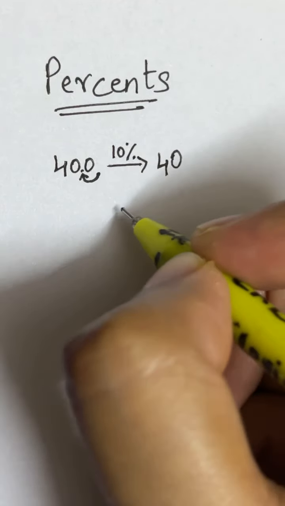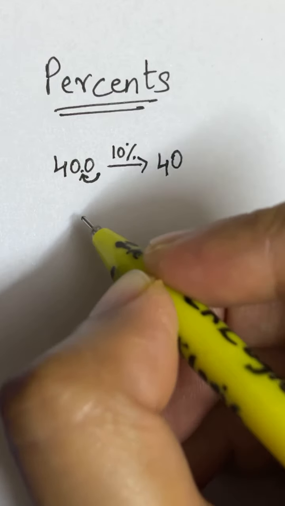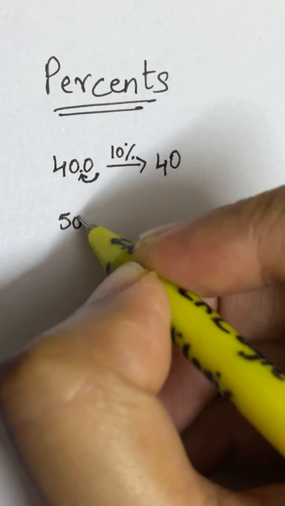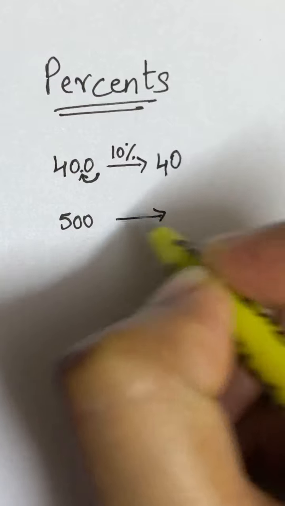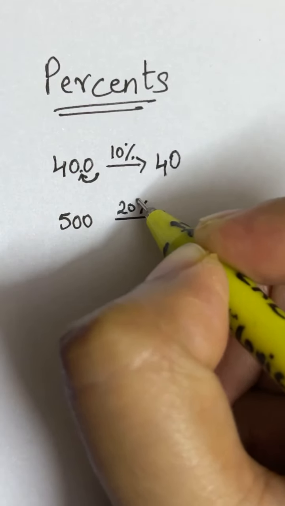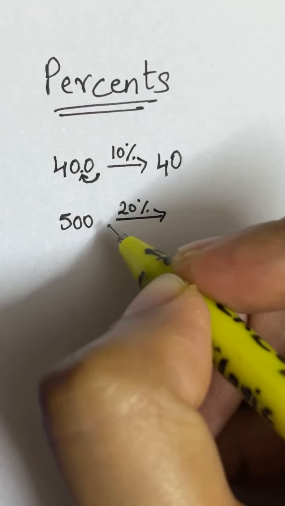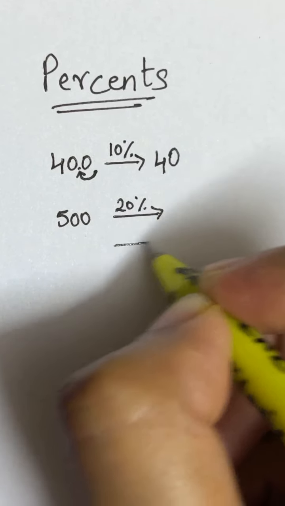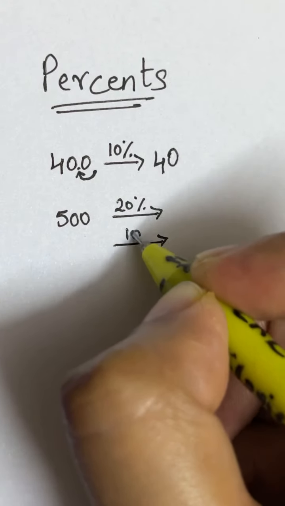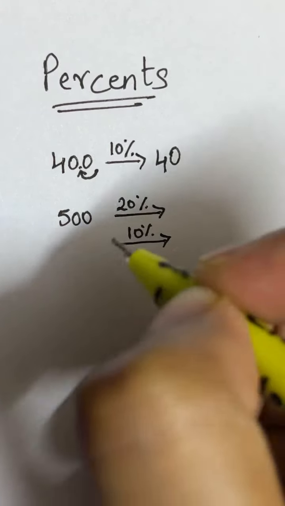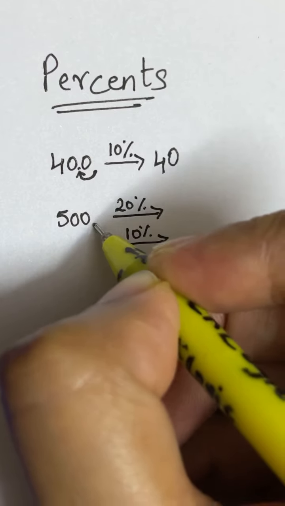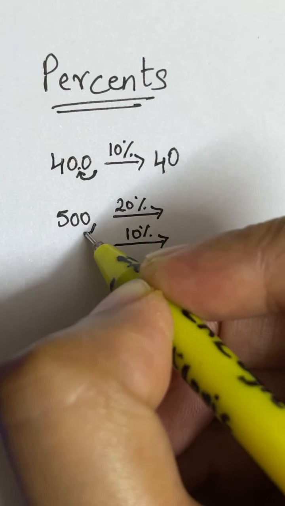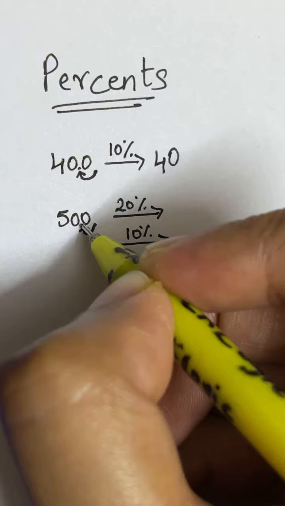If you have to find out 20% of 500, for finding 20%, we first need to find 10% of 500. 10% is super easy to find. You just place the decimal towards the right side of the number and move one slot towards the left.